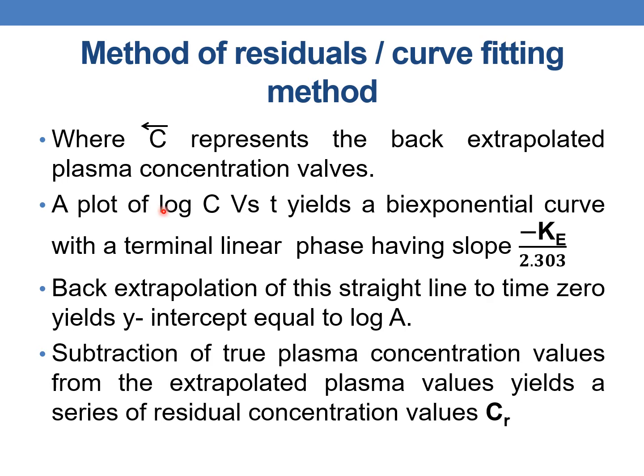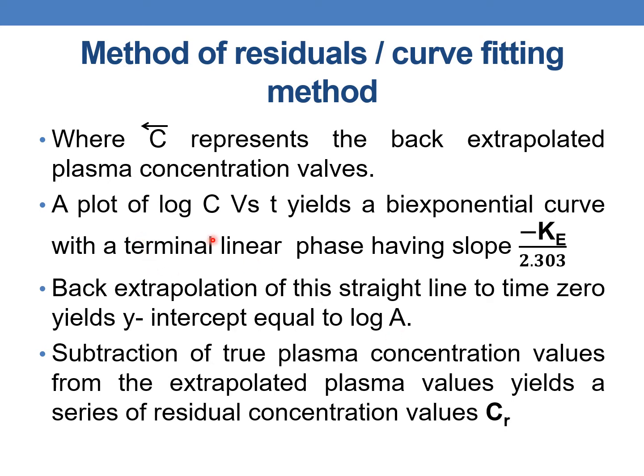Whenever a plot of log C versus t yields a bi-exponential curve, it has a terminal linear portion. The terminal linear portion will have a slope equal to minus Ke by 2.303, and the back extrapolation of this straight line to time 0 yields a y-intercept equal to log A. Whenever you see the plot, you will understand clearly.